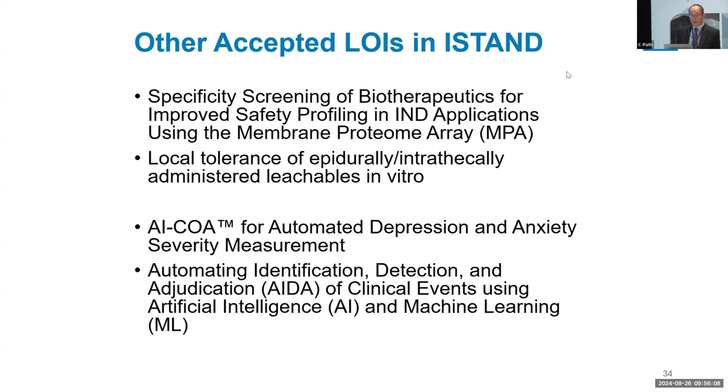The last 2 are a bit different from CIVM, but these are use of artificial intelligence or machine learning for assessment of anxiety or depression measurement. The last one is a tool to use AI-based adjudication of clinical events.